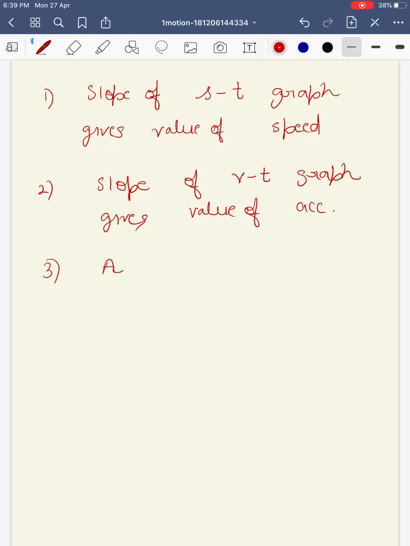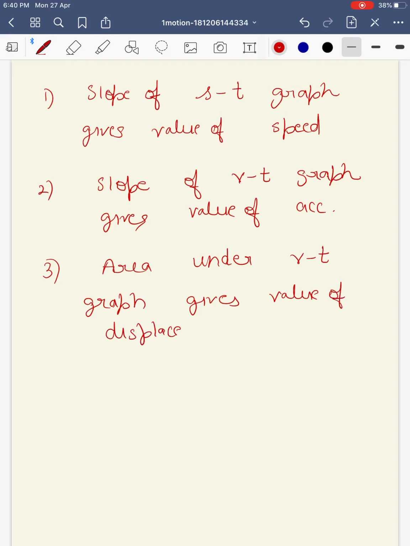And third, area under velocity time graph gives value of displacement. This is very important to remember, can be asked in 1 mark question as well.